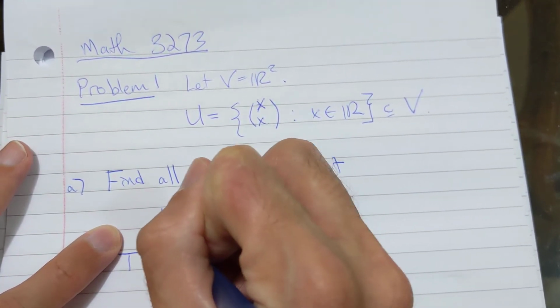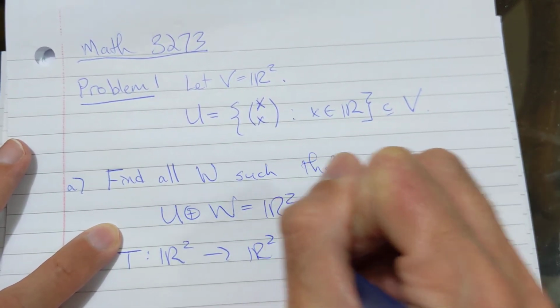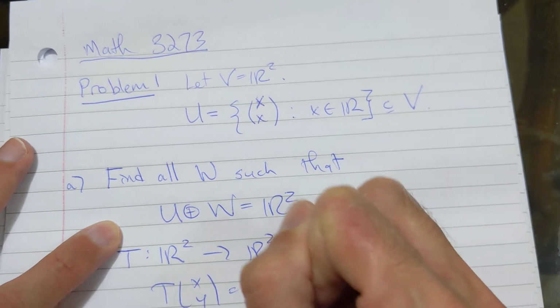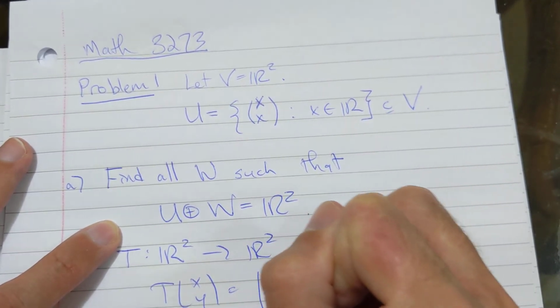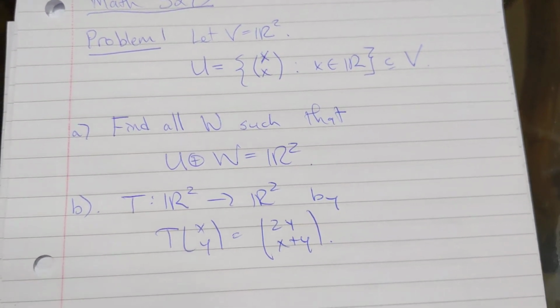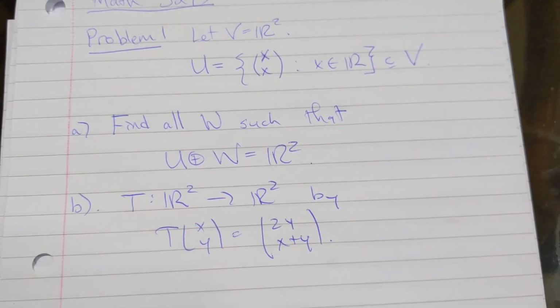Define T from R2 to R2 by the rule that T of (x, y) is (2y, x plus y), the second coordinate being x plus y.